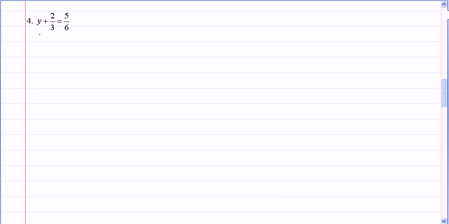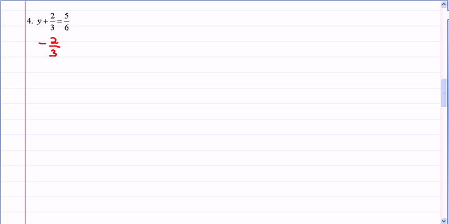For number 4, y plus 2/3 equals 5/6. So this equation involves a fraction, but that's okay. To solve for y, I have to isolate the y by subtracting 2/3 from both sides since it's being added.